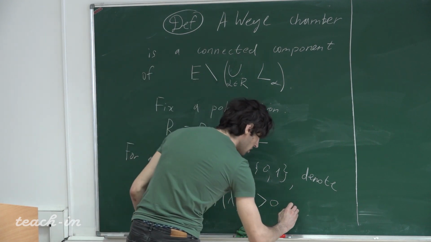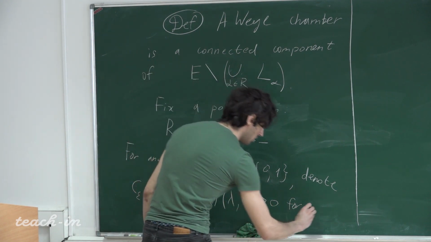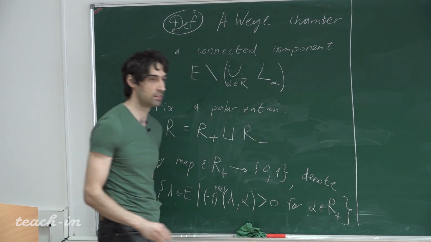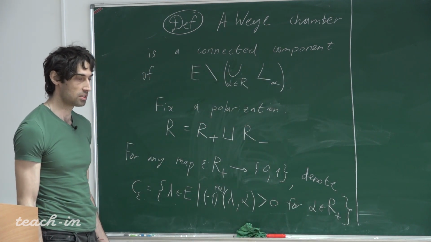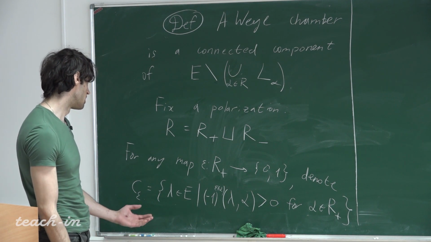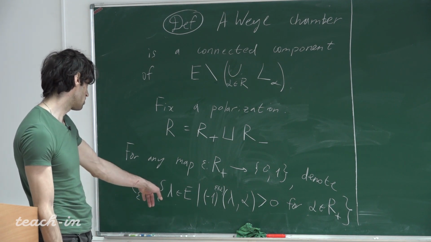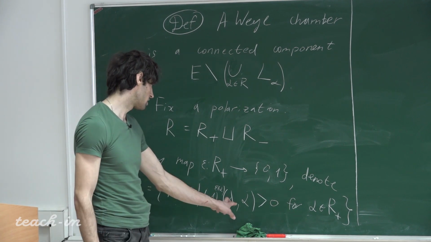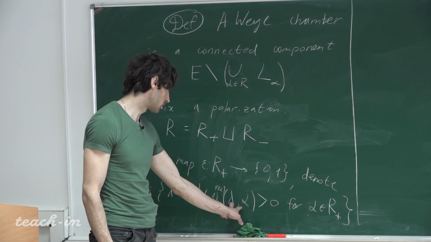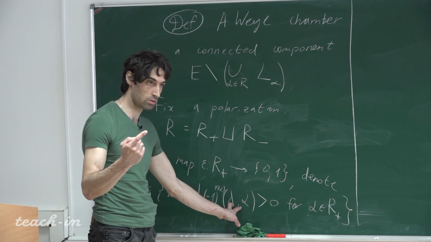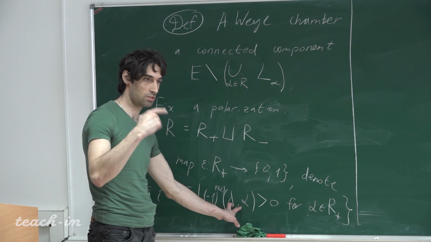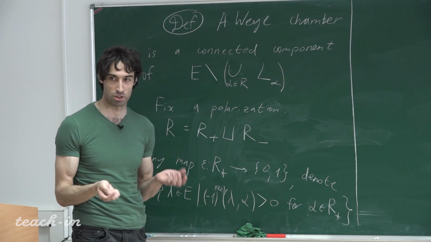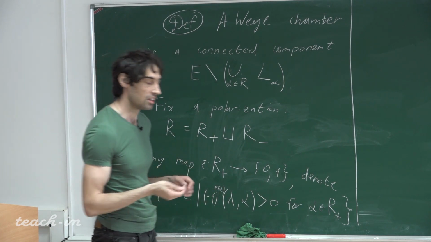Here alpha should be a positive root. So I take lambda such that its inner product with each positive root is either positive or negative. I have a choice, and epsilon is responsible for this choice.